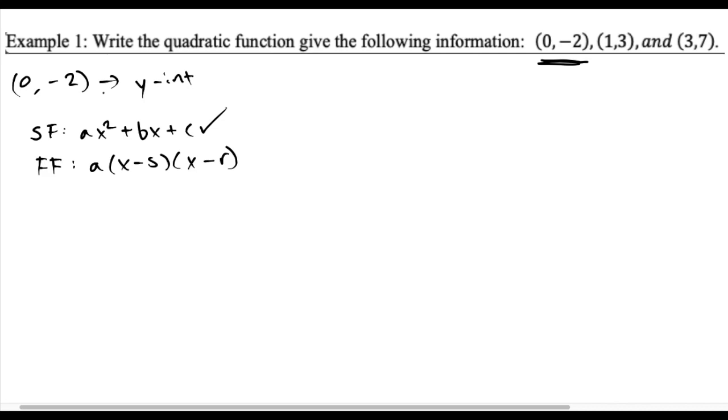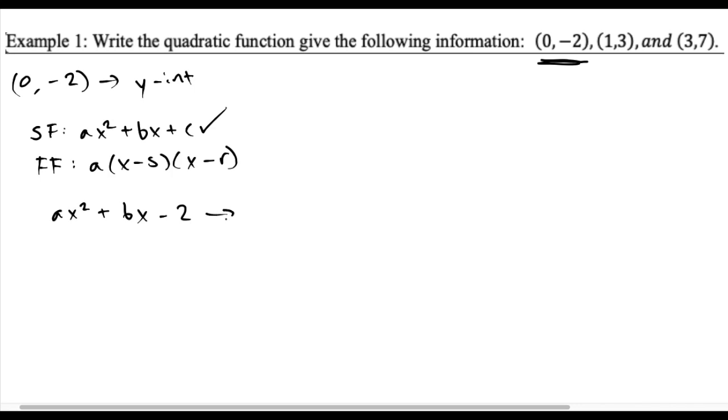The reason for this is because we have a value for c. c is the y-intercept and we already have a value. So why not just substitute that into the equation and use that as a starting point? Let's give it a try. So we have ax squared plus bx, substitute in c, minus 2.